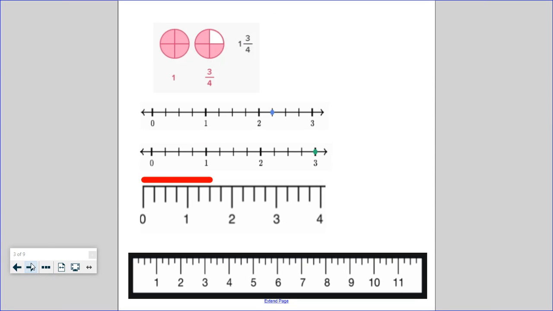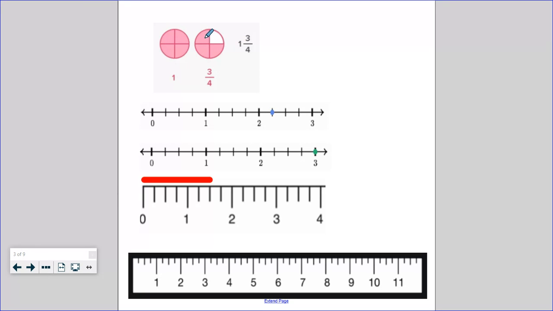All right, now before we start measuring things, let's practice writing fractional amounts that are over 1 whole, because we didn't really work on that in class. Technically, they're called mixed numbers. You'll learn that in 4th grade. You don't need to remember that. So let's start with a picture of something that you recognize. This is a picture of 1 whole and another whole.